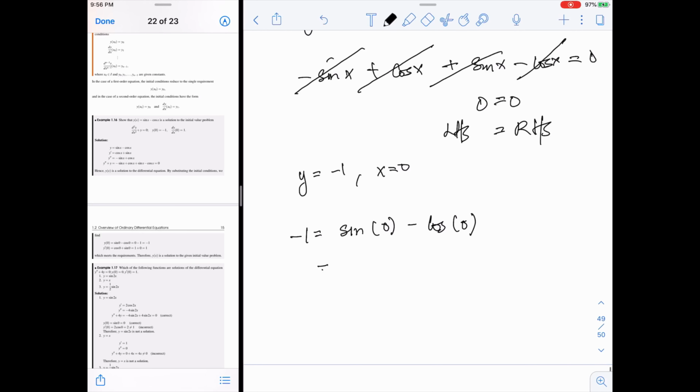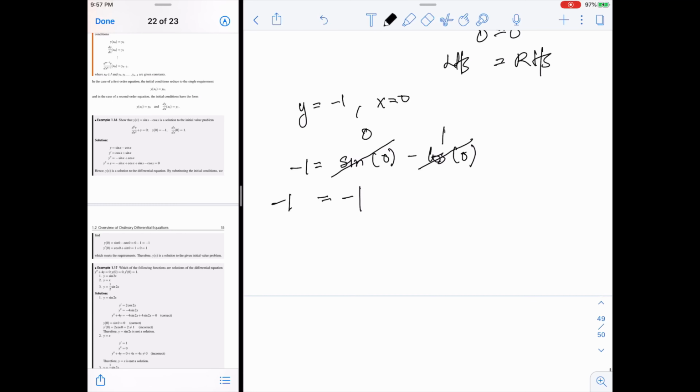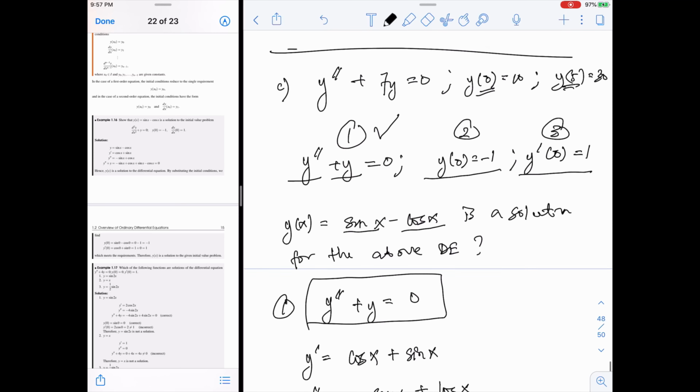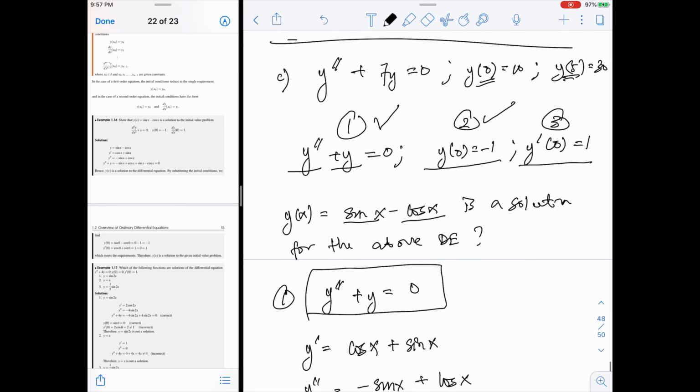So you press the calculator, or you may already know this one is equal to 0 and this one equal to 1, so -1 over here, and then you will see that the left hand side here is equal to the right hand side. So now your second condition is correct.